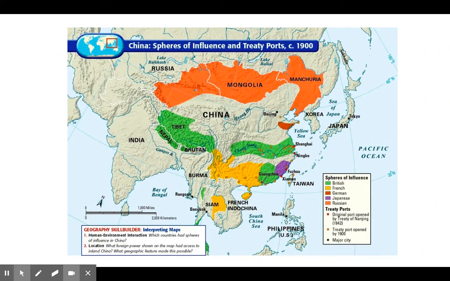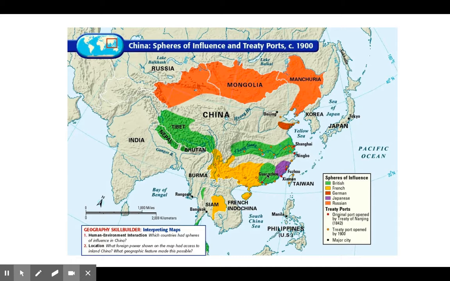Now, China at this time, there was fear that China was going to be colonized, that it was going to be carved up by European powers. And this was something actually that the United States was very concerned about. What happened by the year 1900 is that China had started to develop different spheres of influence. So there were different areas in China where these different nations had gathered basically exclusive trading rights, if you will.